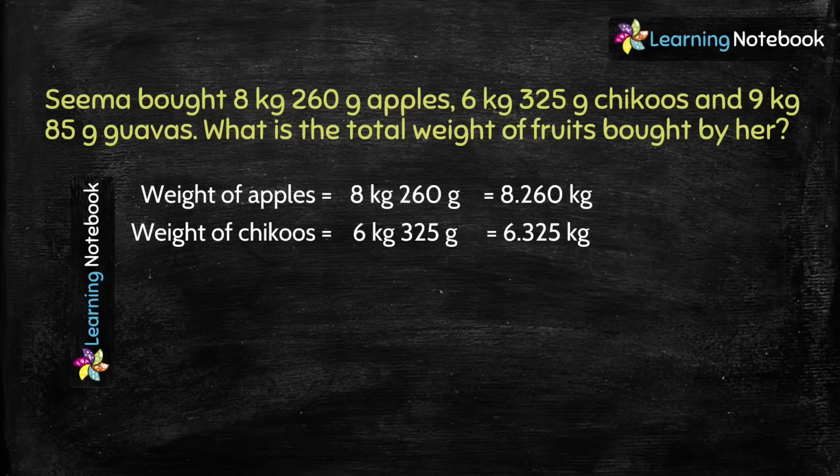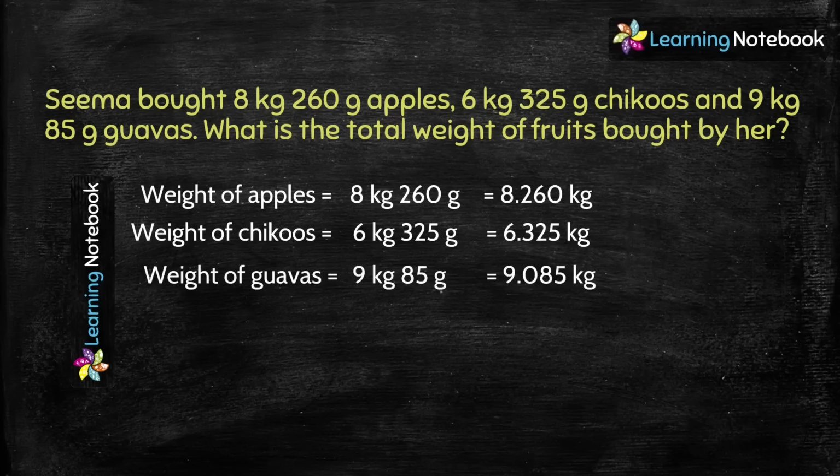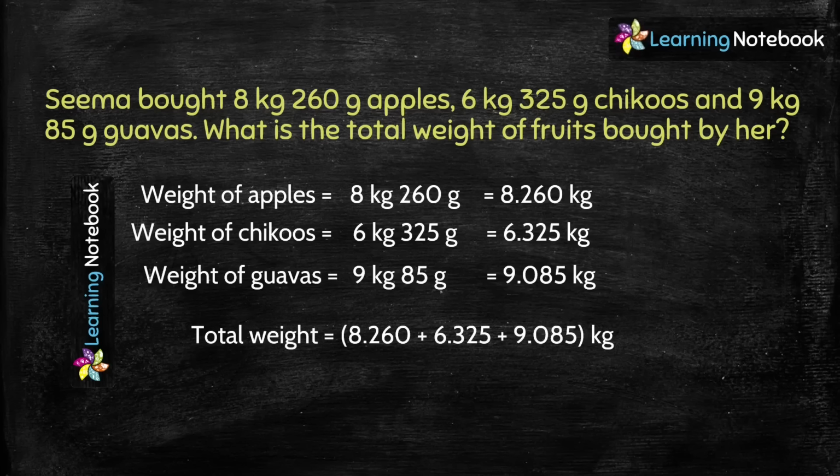And then weight of guavas, which is 9 kilogram 85 gram, which is equal to 9.085 kilogram. Now, to find the total weight of these fruits, we will add all these three decimal numbers.